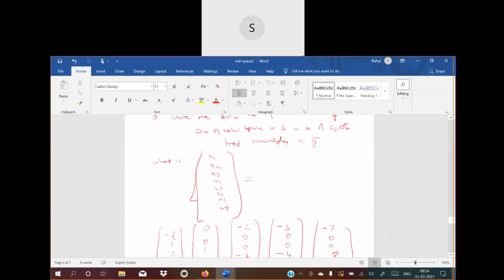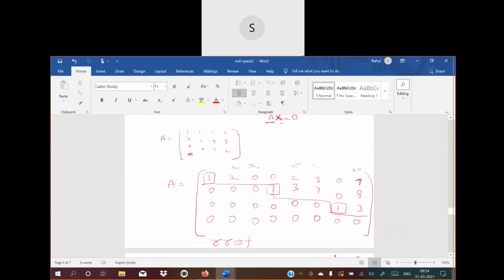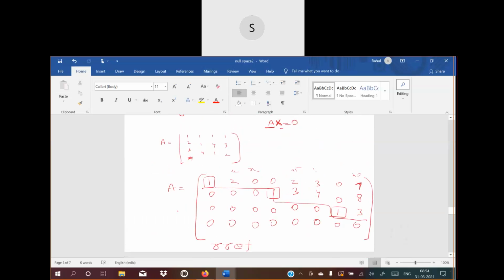If you're not able to see, what we generally do is, you have this equation Ax = 0, you write this as x1 plus 2x2 plus 0, 0, 2x5 plus 3x6 plus 7, 8. So you make a linear system of equations. Now you write those equations in terms of the 5 free variables, the way we have done earlier.